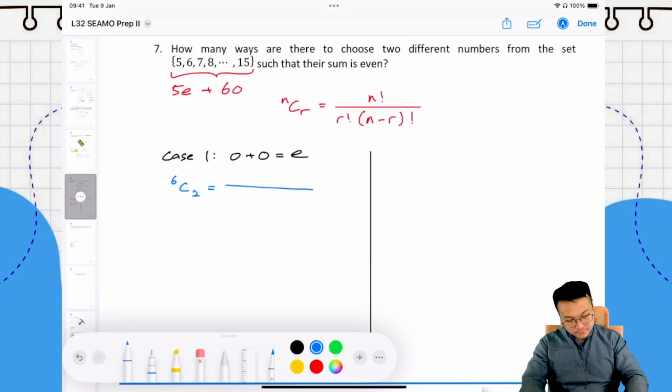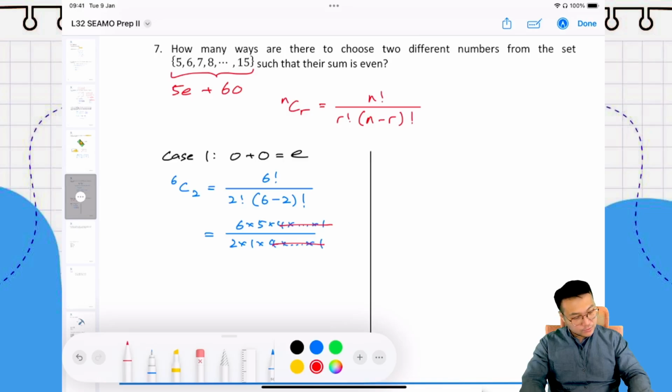What is the formula? 6 factorial over 2 factorial times (6 minus 2) factorial. Congratulations, you got it. So 6, 5, 4, 3, 2, 1, then this is 2 and 1, and this is 4, 3, 2, 1. Then you can get rid of the 4, 3, 2, 1, and you can divide this by 2. What's the answer?